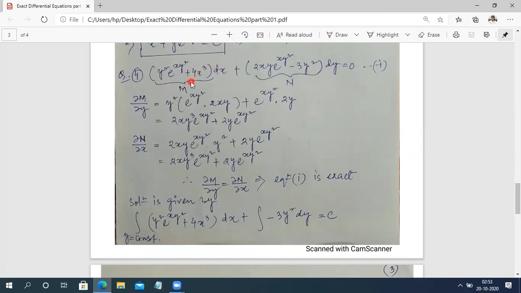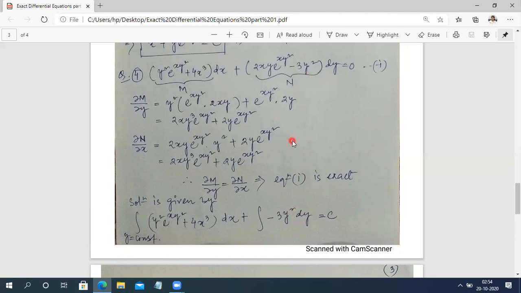First, you identify your m and n, then differentiate m partially with respect to y and differentiate n partially with respect to x. These two values will come the same. That means the given equation is exact. So write the solution. Integration of m with respect to dx plus terms in n which do not contain x.